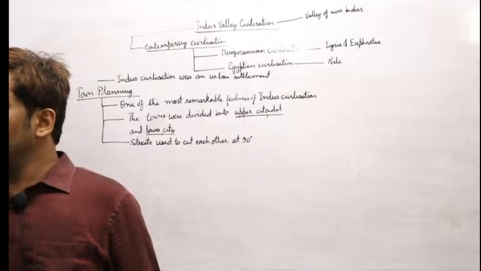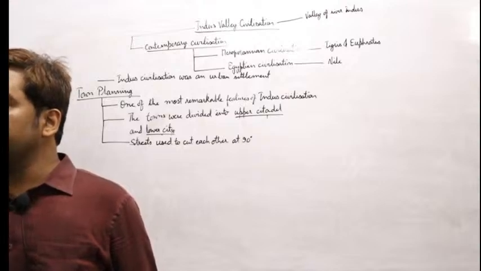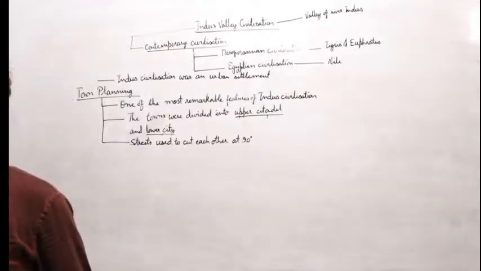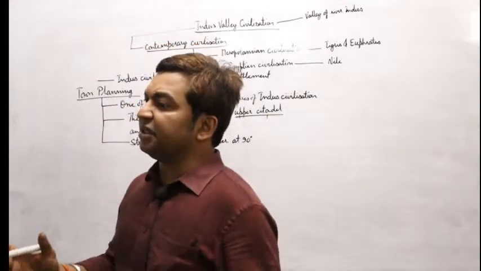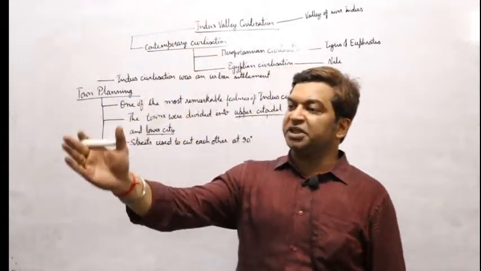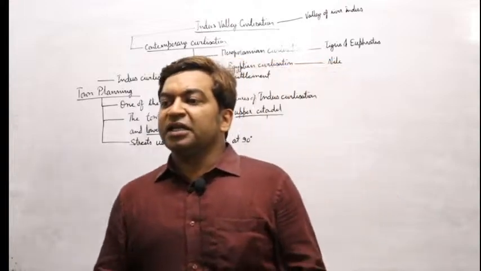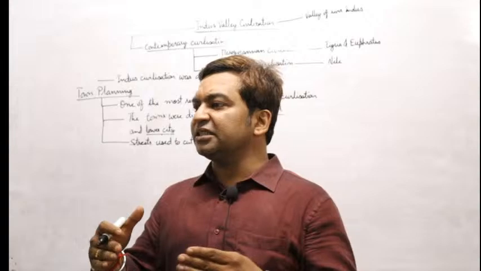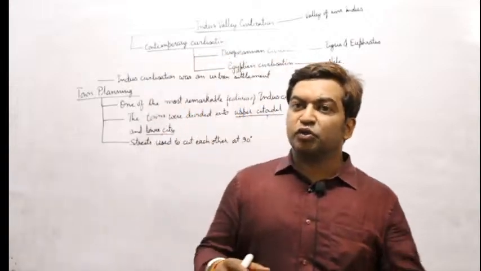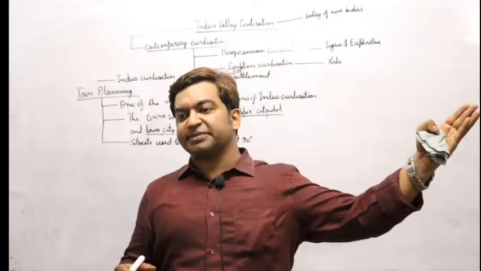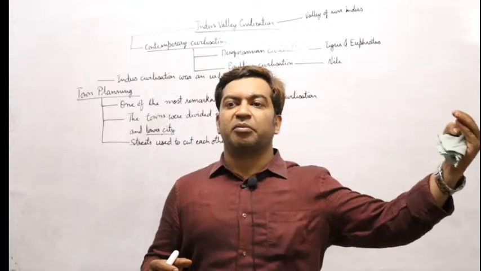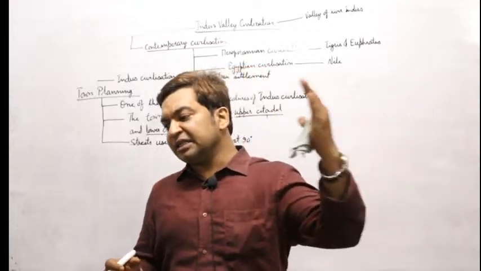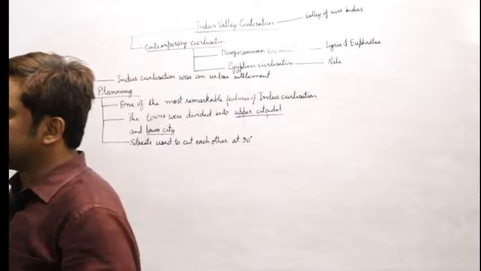The major arterial roads of our cities, and in fact even the streets, when they join the major arterial roads, they join at 90 degrees, they cut each other at 90 degrees. So this is one aspect which has continued from Indus civilization, and it continues till date.